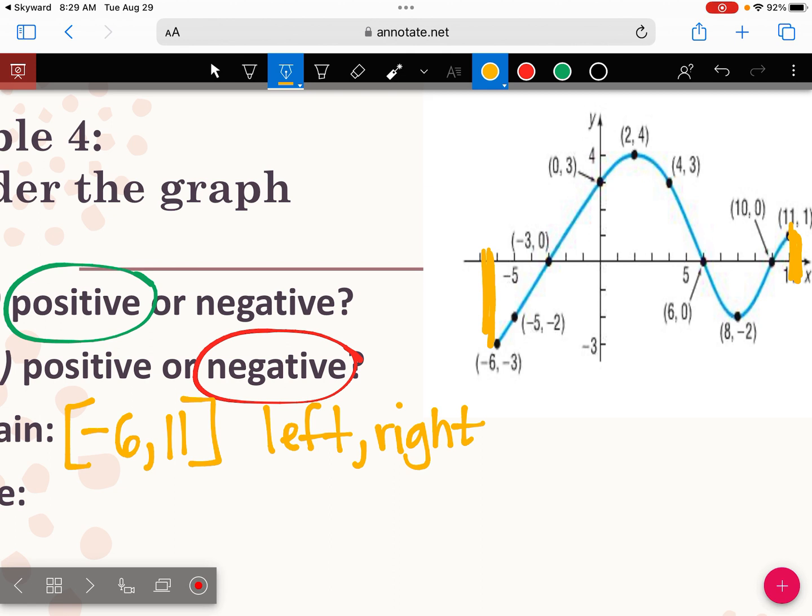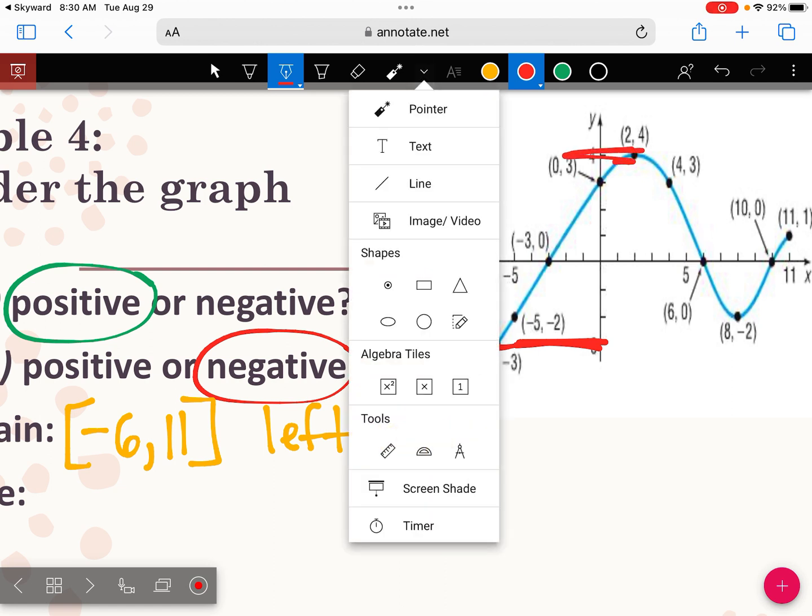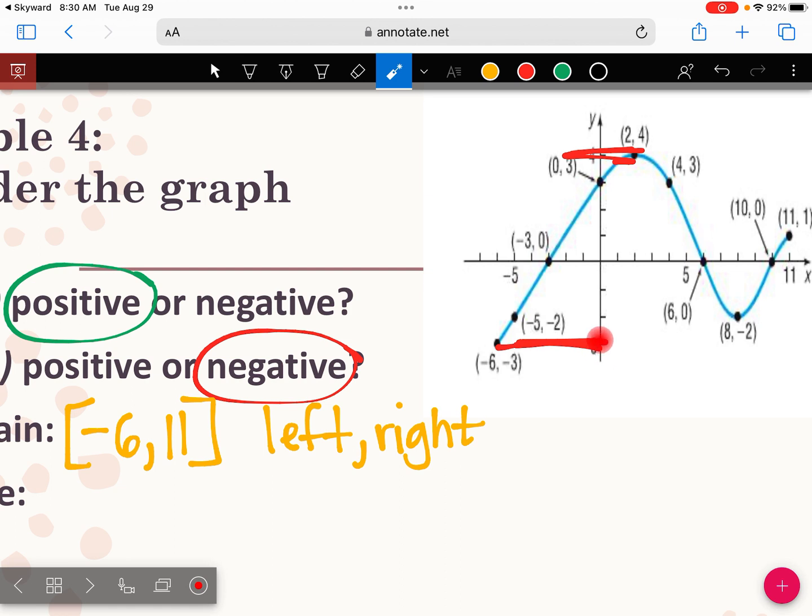Now for your range, that's asking the lowest point. So the lowest this graph goes is right here. And the highest it goes is here. So we want to know on the y-axis, what is this number and what is this number? So the lowest it goes, y, would be -3.